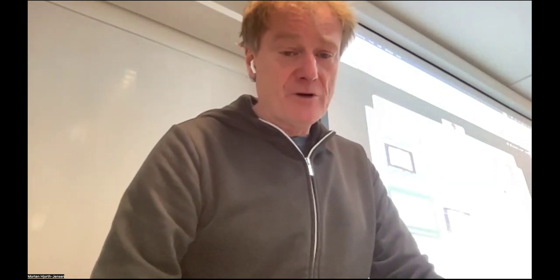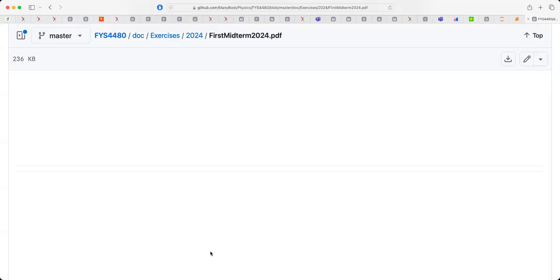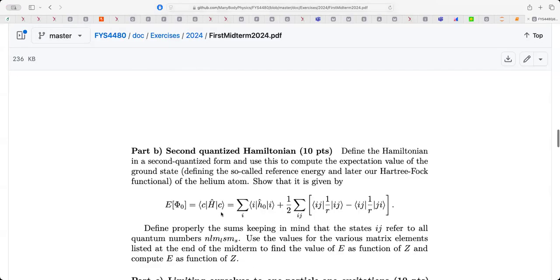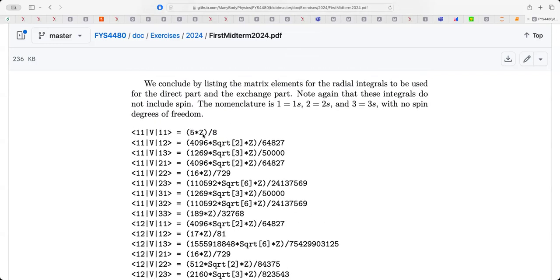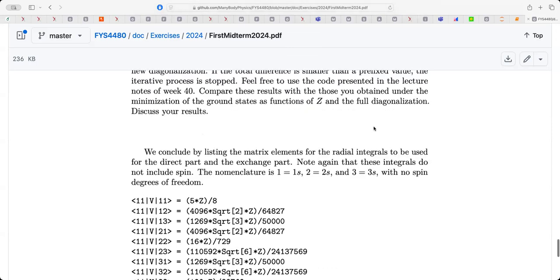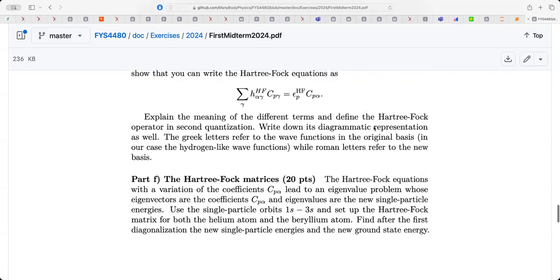In the first exercise, these integrals which you have at the end, the analytical expression in terms of the charge, so for helium it's 2, and for beryllium it's 4, are just over the spatial degrees of freedom. So you need to construct the final anti-symmetrized matrix elements by taking into account spin. So that's a small thing you need to keep in mind here, with no spin degrees of freedom. So just pay attention to that.